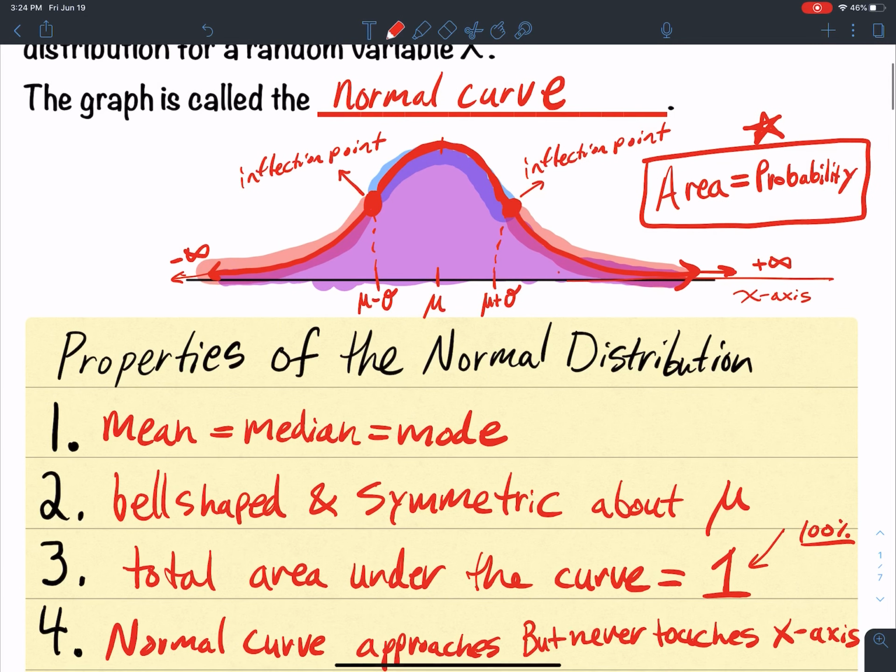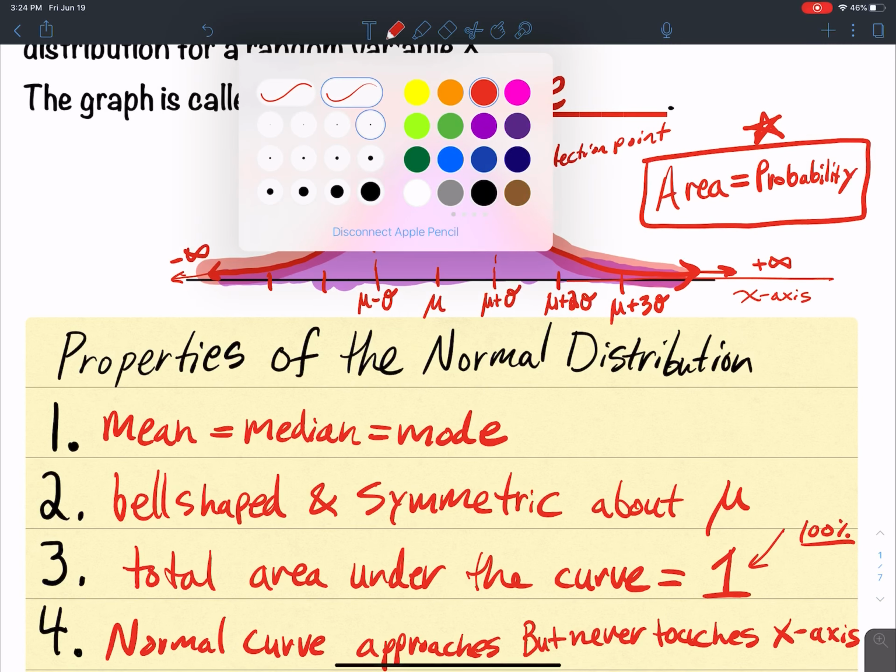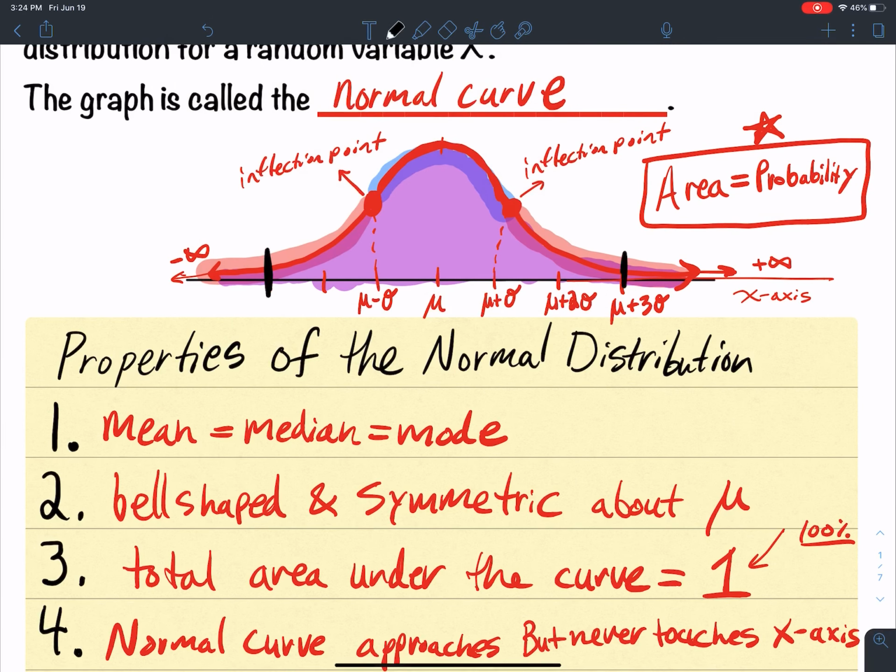Okay, now if I go out another sigma, that's mu plus 2 sigma, and another sigma, that's mu plus 3 sigma. So this 3 sigma is a pretty big deal here, all right? You may or may not have heard it, but a lot of analysts, whenever they say this was a 3 sigma move, they're talking about the move being greater than or equal to 3 sigma, meaning it was really rare for that to occur.